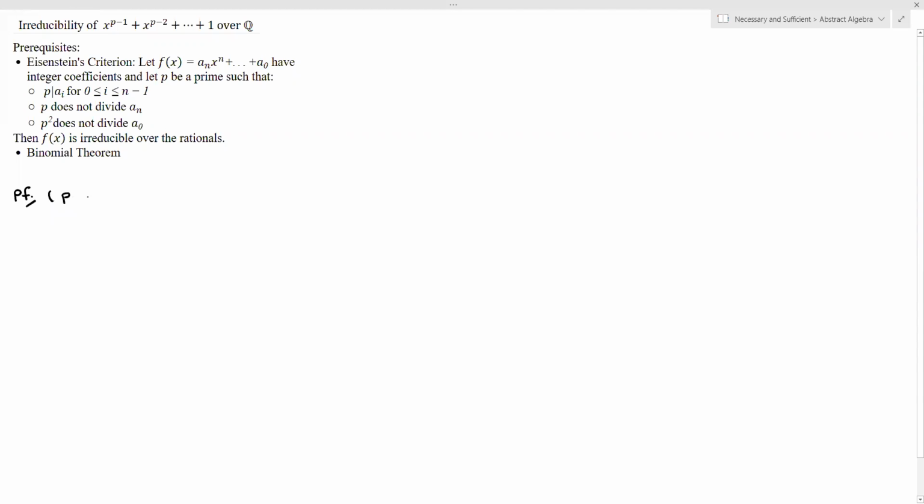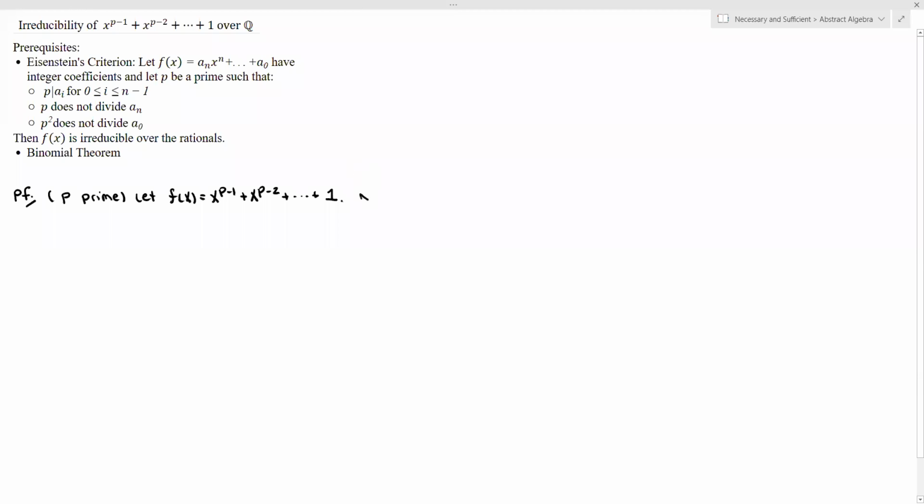So proof, let's assume p prime, and let f of x be equal to x to the p minus 1 plus x to the p minus 2 plus ... plus 1. From here, this is a little bit of a cheap trick, and if you haven't seen it before, it'd be very difficult to figure it out on your own.